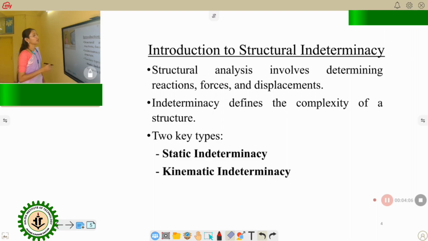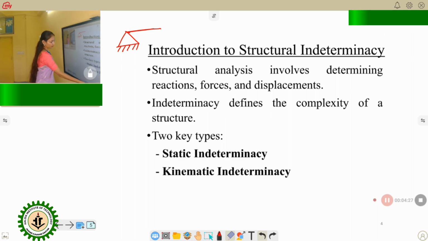So first let us study what structural indeterminacy is. Structural analysis involves the calculation and determination of the reactions, forces and displacements of a structure. Suppose here is a pin joint at an end of a beam.